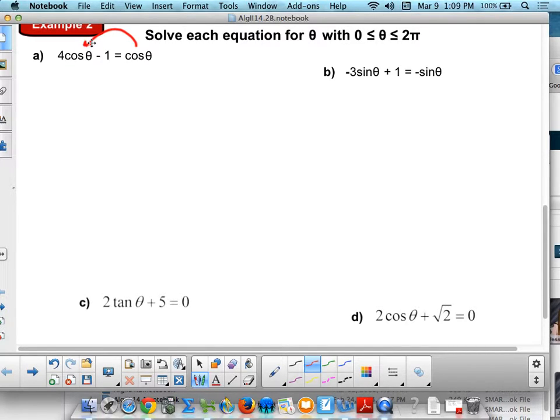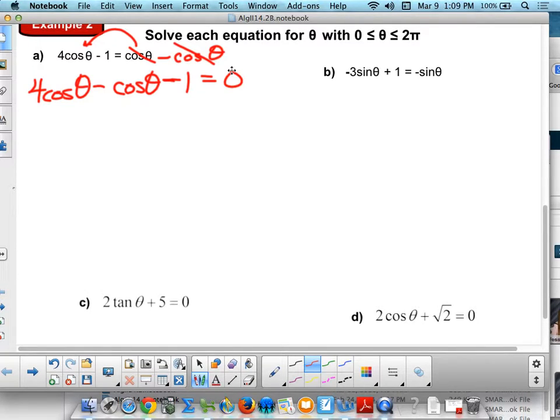How do you move cosine of theta? It's like saying 3x, 4x. How do you move it? Don't you just subtract cosine of theta? Gone. So over here it'd be 4 cosine of theta, take away cosine of theta, minus 1 equals 0.